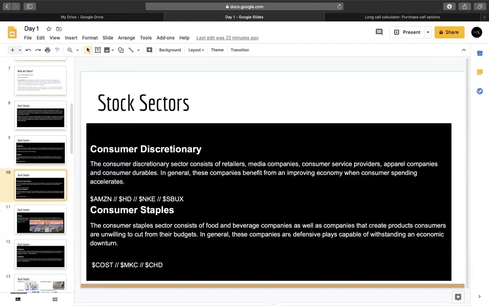You guys seen some of these different names? They're not taking as big of a hit as some of these other names. So these are names that are good to buy into when the economy faces a hard time. Essentially they are recession proof.